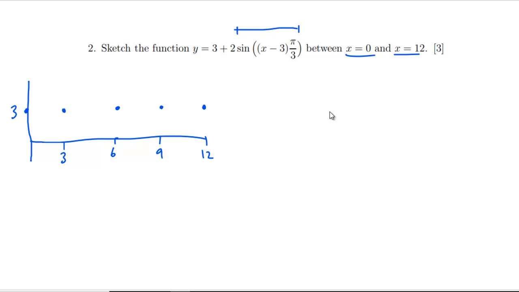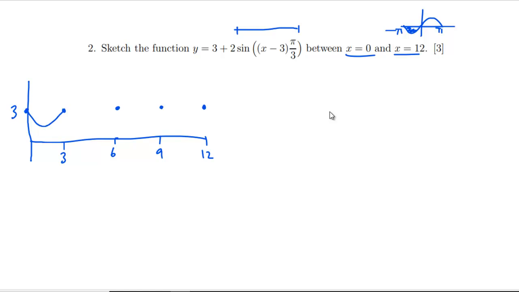If you put in x is 1, say, you've got minus 2/3 pi, which is in the negative bit. If you think of your sine function, it's doing that between minus pi and pi. So if you're at minus 2/3 pi, you're in here somewhere. So it's definitely going down.